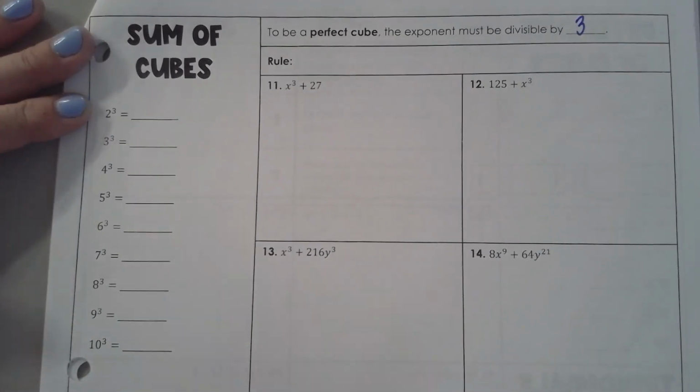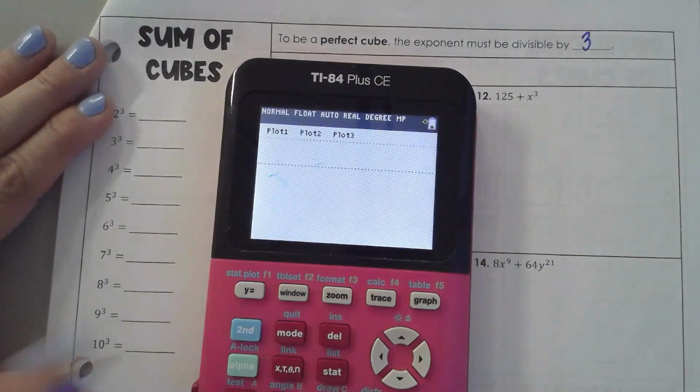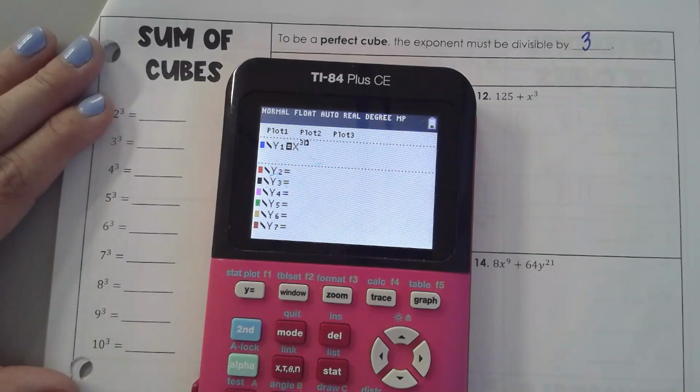One way you can see these in a list is to go to your y equals and type in x cubed.